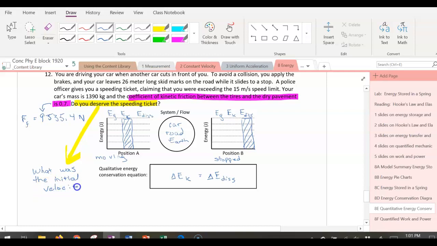If we were going less than 15 meters per second, then we didn't deserve the speeding ticket. But if we were going more than that, like the police officer thought, then we do deserve the speeding ticket. Okay, but I'm going to find the kinetic energy as half the mass times the velocity squared. And then the dissipated energy is the force of friction times the path length.